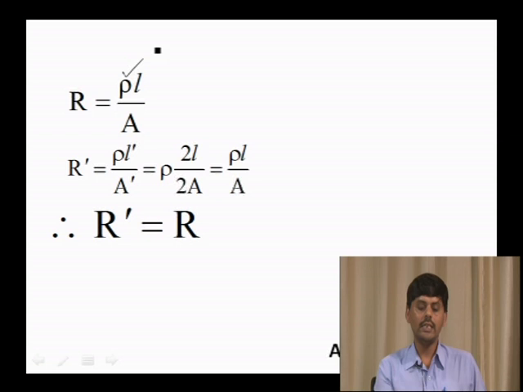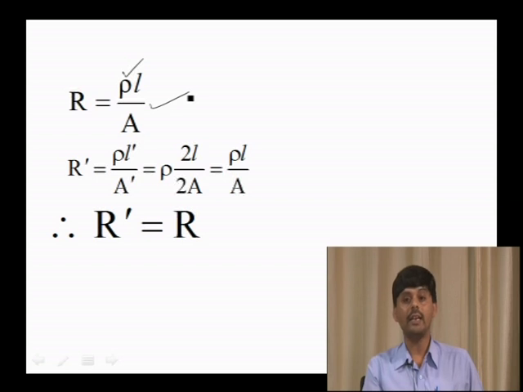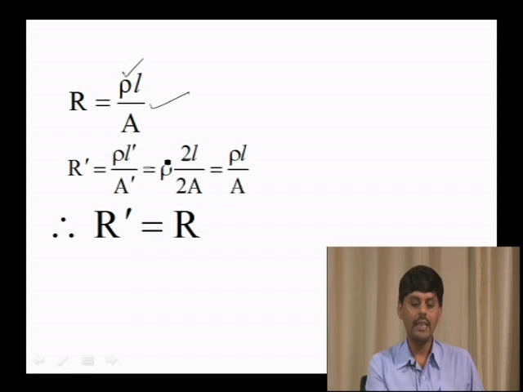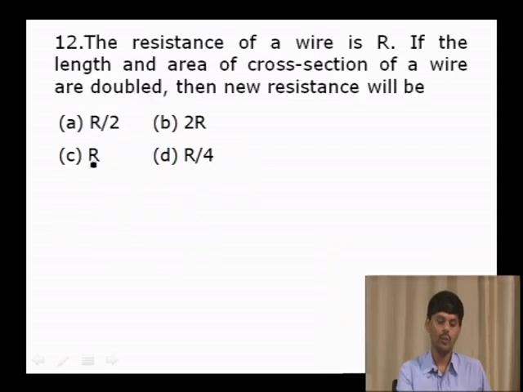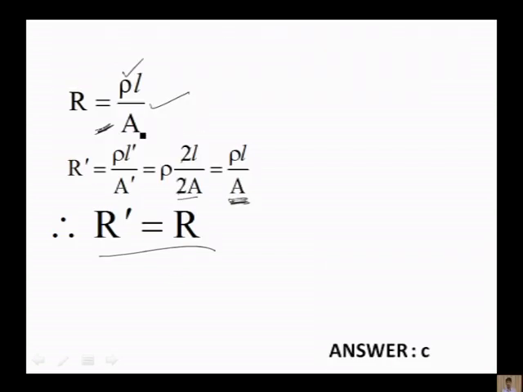Therefore, before the value increase, R is equal to rho L by A. After increasing the length and area, we have R dash is equal to rho L dash by A. Length increases by 2 times, that is 2L, area increases by 2 times, 2A. 2 gets cancelled, we get again rho L by A. See, this is the value of R dash, this is the value of R. This and this are one and the same. Therefore, the correct answer for this question is C, that is R.